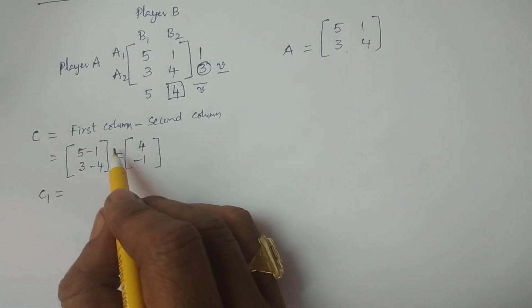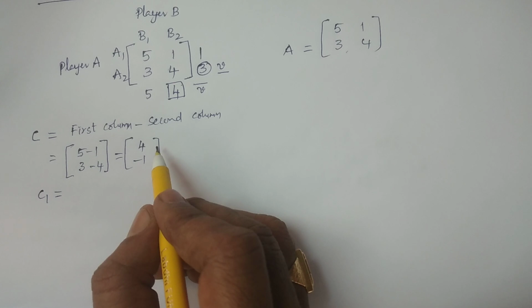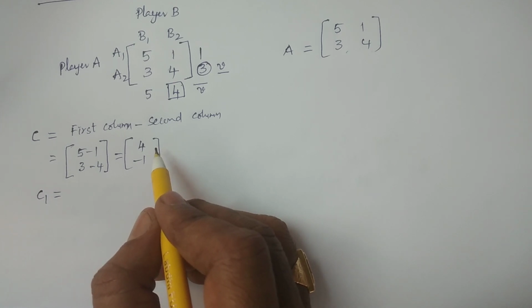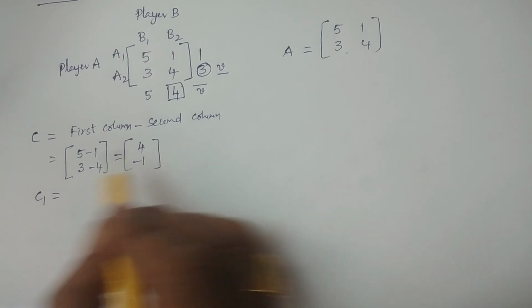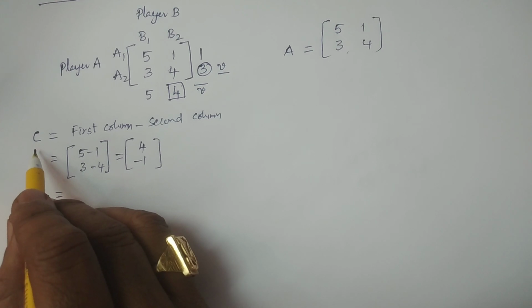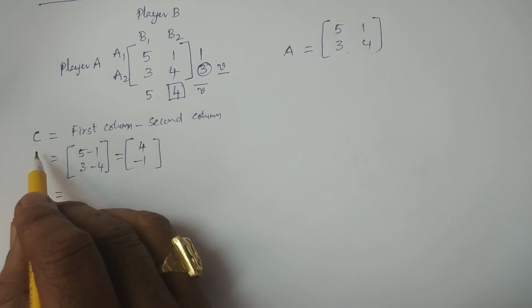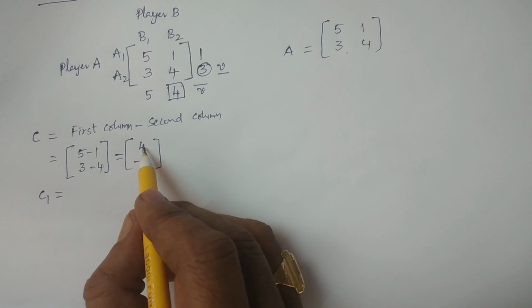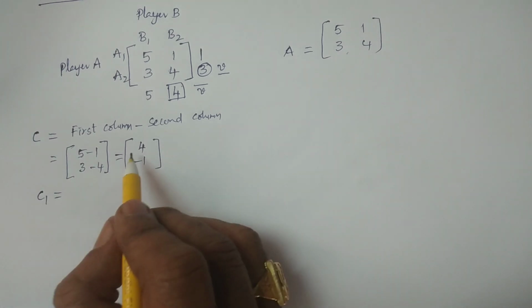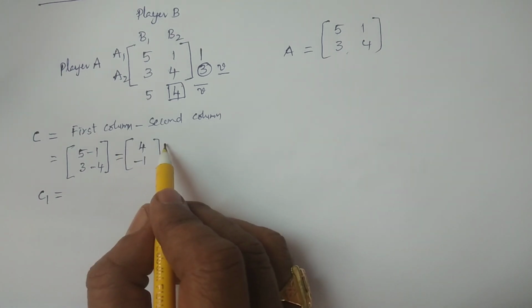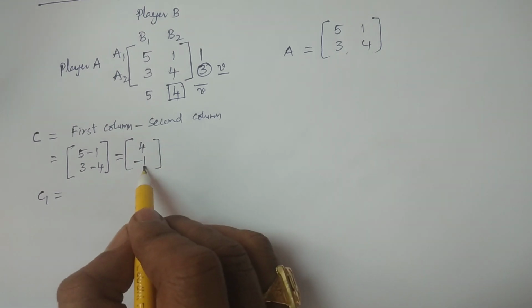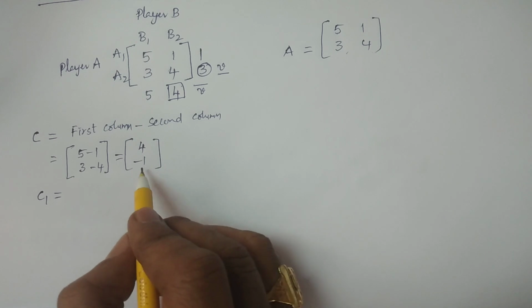By deleting the first row from the matrix C, we will get the row oddments. For 4 and minus 1, C1 is obtained by deleting the first row; for the remaining values you have to calculate the determinant, but of course we have only a single element.